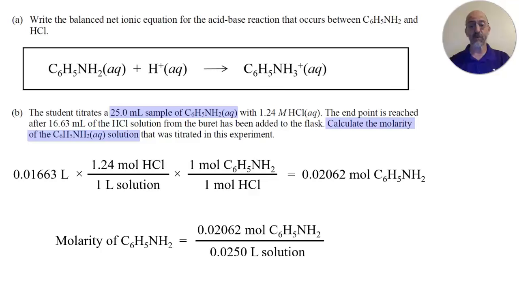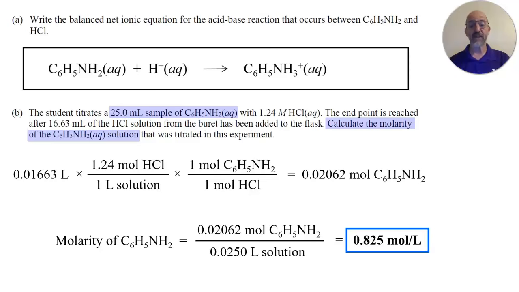That's why I'm showing 0.02062 with a little extra precision, a little bit of extra significant figures. 0.02062 moles of aniline divided by 0.025 liters. I will round off to 3 significant figures, and I got, for part B, 0.825 moles per liter. That's the concentration of the aniline based on our titration calculations.